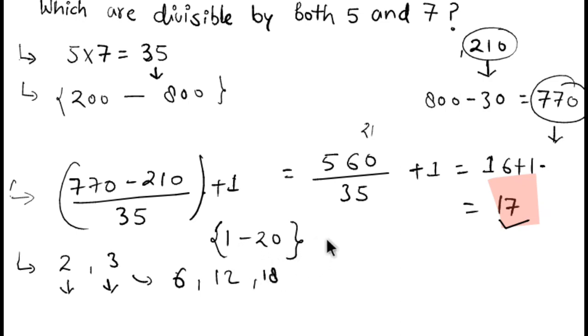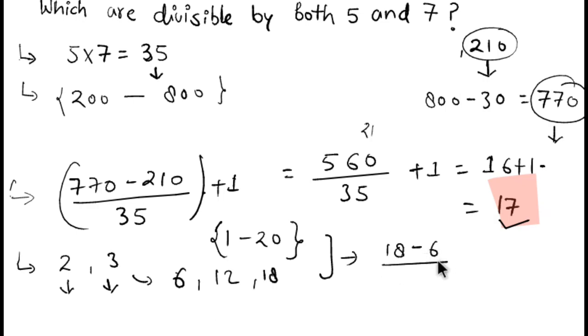Now, if I don't know the multiples and the set of numbers is big, like in our question, I apply this method. I know the biggest number in this set which is divisible by 6 is 18, and the smallest number divisible by 6 is of course 6.